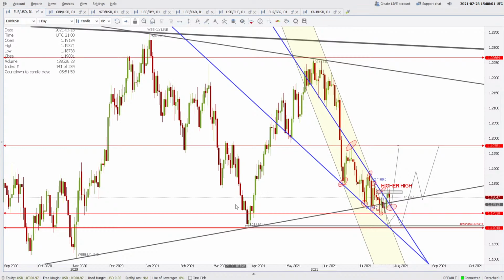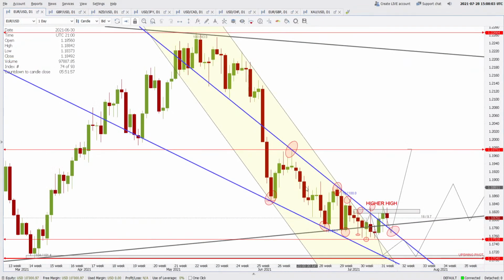Second thing is that we noticed a falling wedge forming on the daily chart, and the price has successfully broken out of this falling wedge, which is a bullish price pattern. The price has come out of it right on top of a confluence of support.